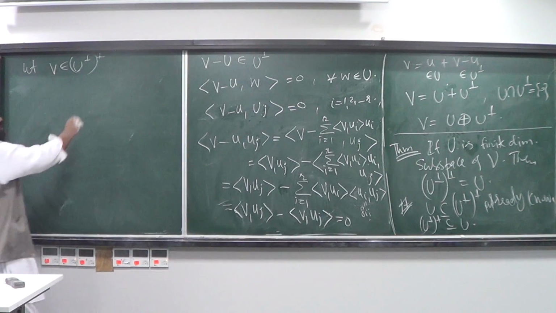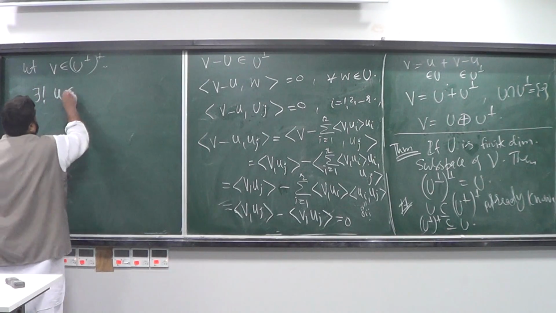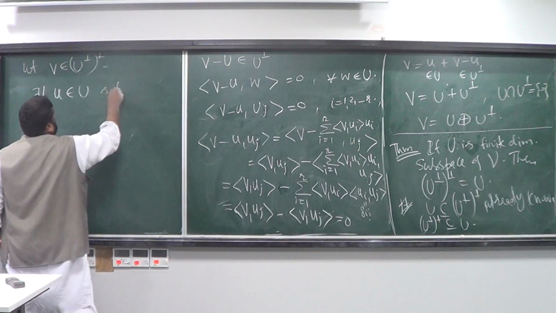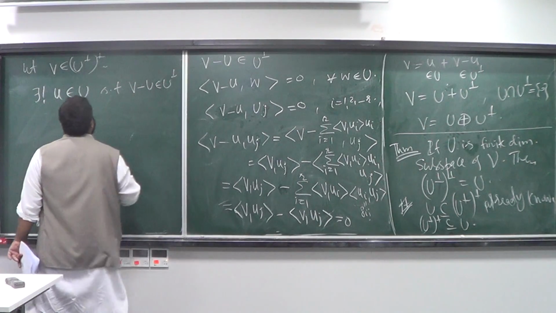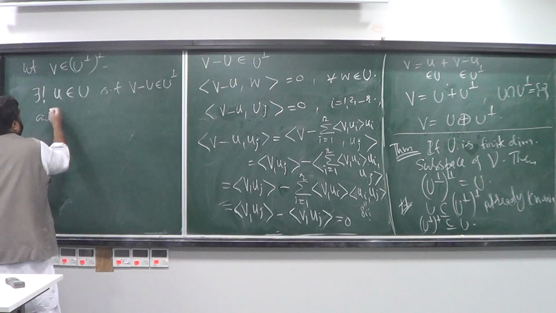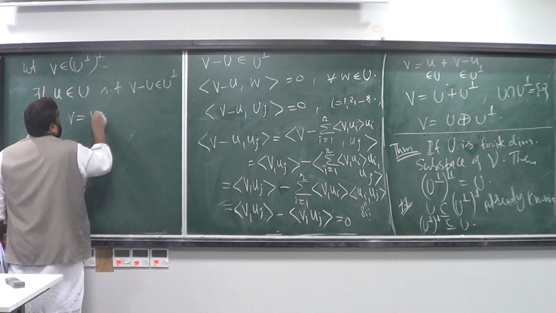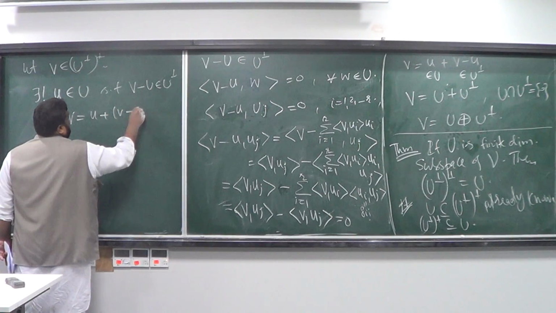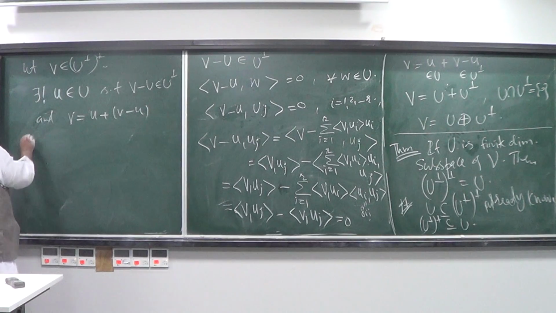Now from the previous theorem, there exists a unique u from U such that v minus u belongs to U perp, and of course v is equal to u plus v minus u. So here is my claim.